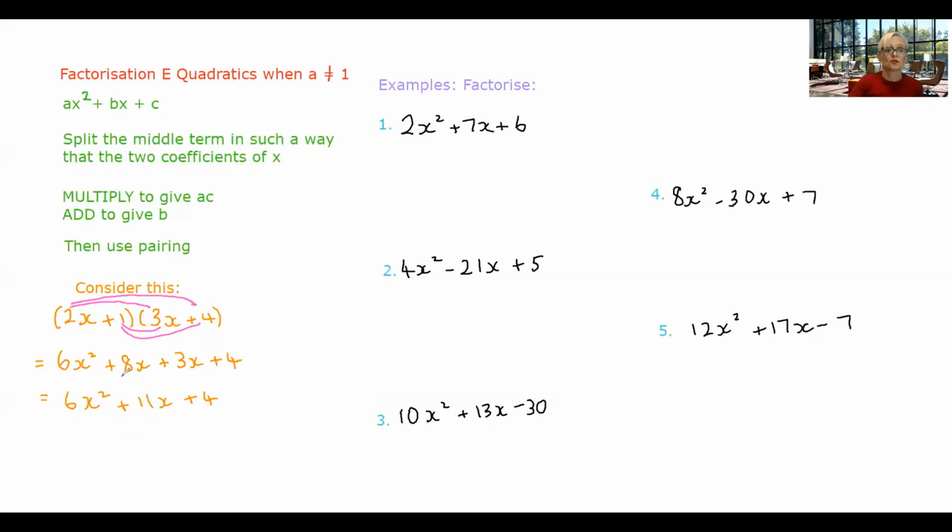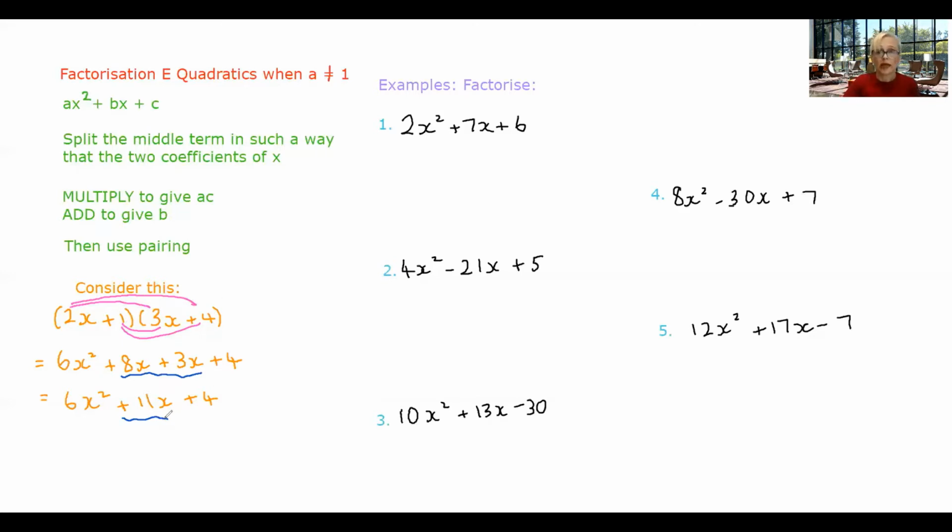Now, those two terms together make up our middle term. Our b, which is 11, is a combination of those two numbers added up. Of course, our last term, our constant term, is made up of these two numbers multiplied together.